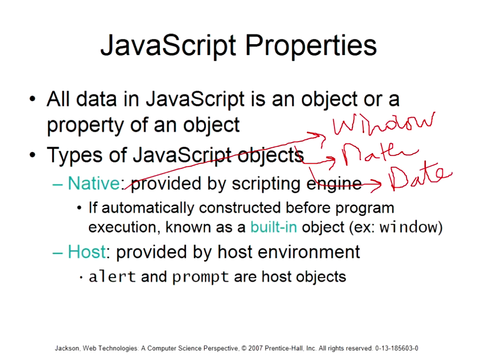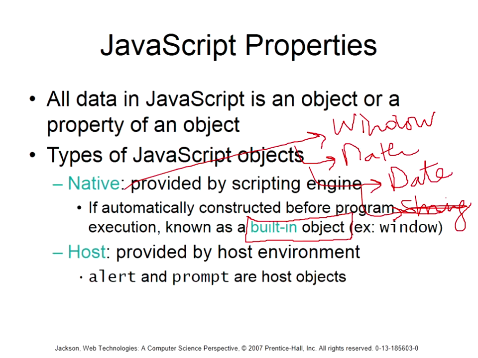So native, that means provided by the scripting engine. These objects are automatically constructed before program execution. And here window, math, date, etc., or string, also string. Math, date, window represent built-in objects.